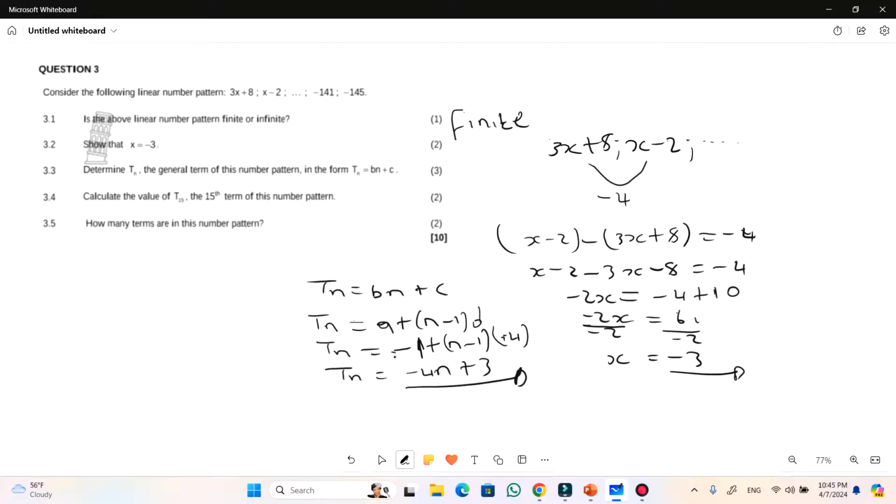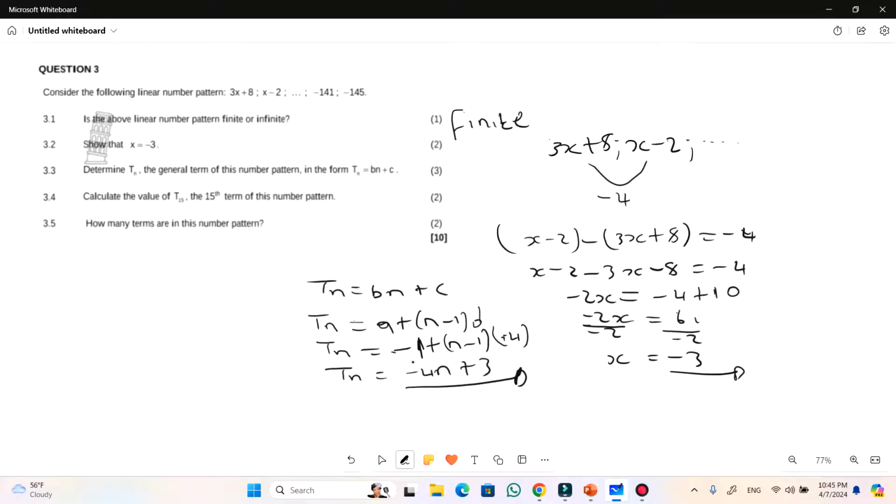So our equation now is in the form they say it must be in. As you can see, we have Bn plus C. So this is the value of B, which is negative 4, and this is the value of C, which is positive 3.